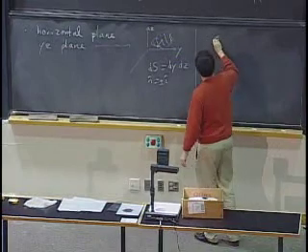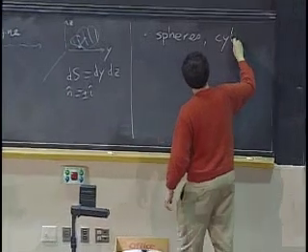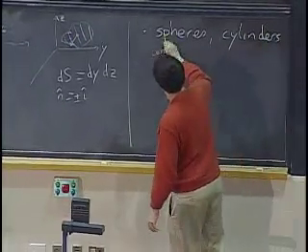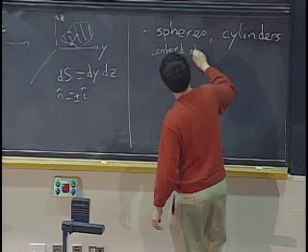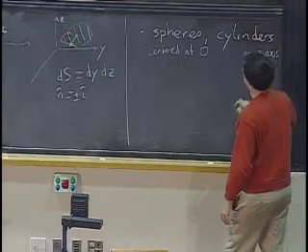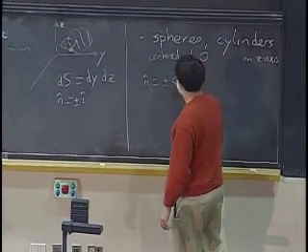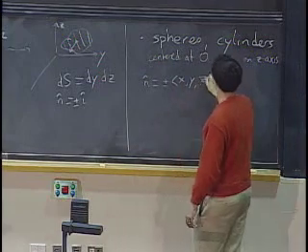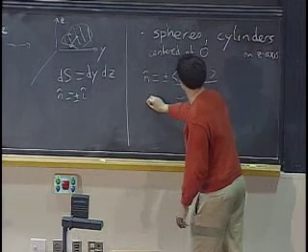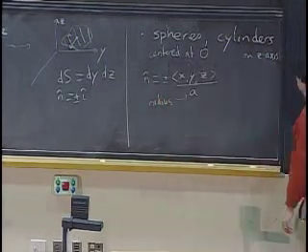Okay, we've seen spheres and cylinders centered at the origin, or centered on the z-axis. So the normal vector sticks straight out or straight in, depending on which direction you choose. For a sphere, the normal vector is x, y, z divided by the radius of the sphere.